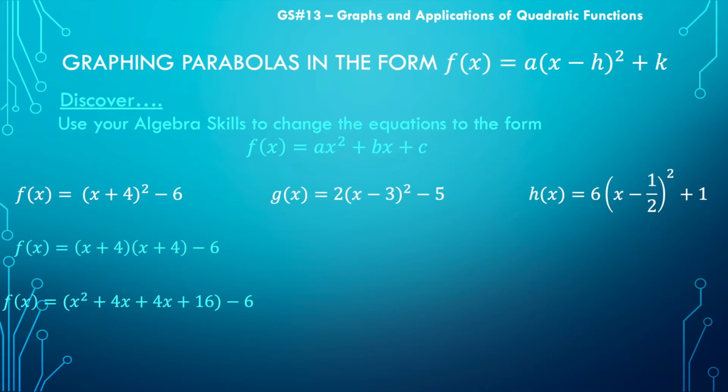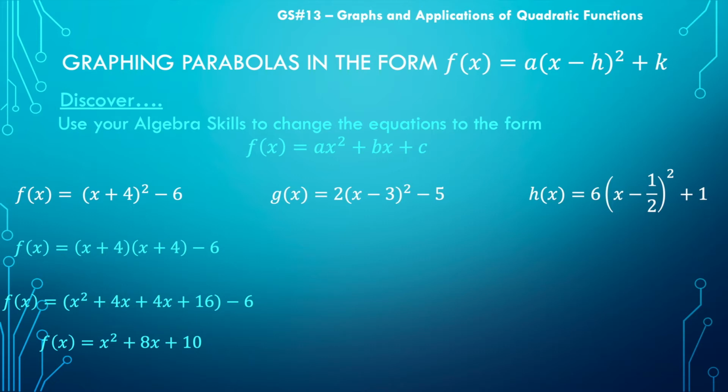And when we combine like terms, we get x squared plus 8x plus 10. Okay, so that's what I'd like you to do with these other two equations. So take a second, try these out on your own, and then we will go through them when you come back. So pause the video and I'll be right back with you.